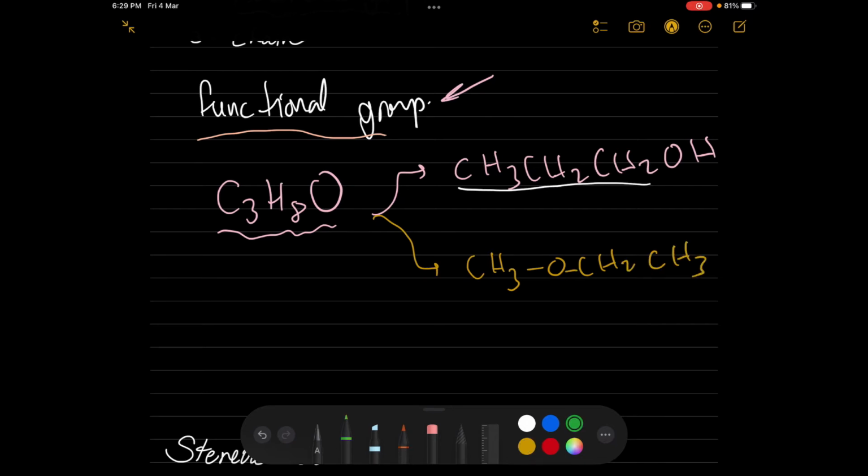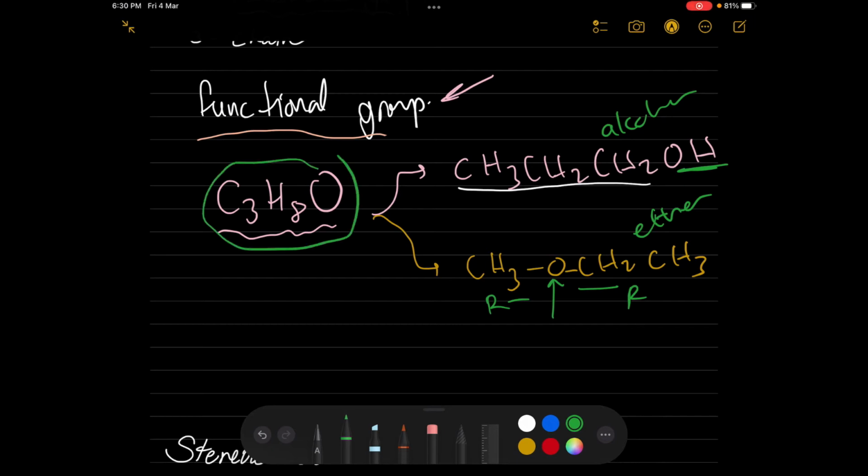The idea of this functional group is having an oxygen atom between R groups. By the way, it's not included in your class right now, but just as a functional group. So this is a family of alcohol, and here we have ether. These are two different compounds with the same molecular formula, but they have different structures.